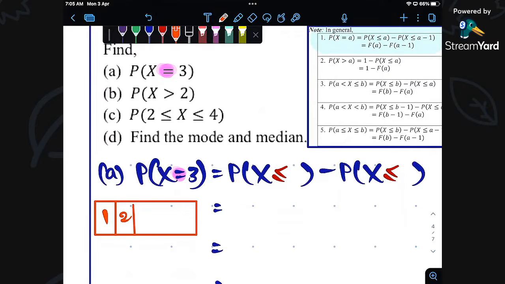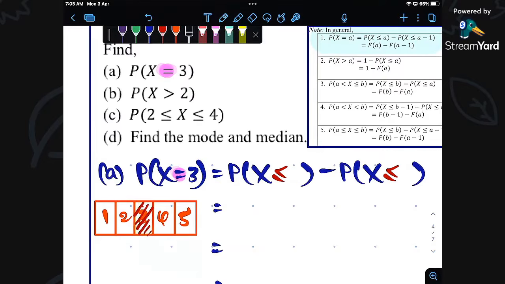We have 5 boxes here because there are 5 numbers from 1 until 5. We just follow whatever data is given to us. And then I shade the region of 3 because in this particular question, they want exactly 3. That's why I only shade the 3.